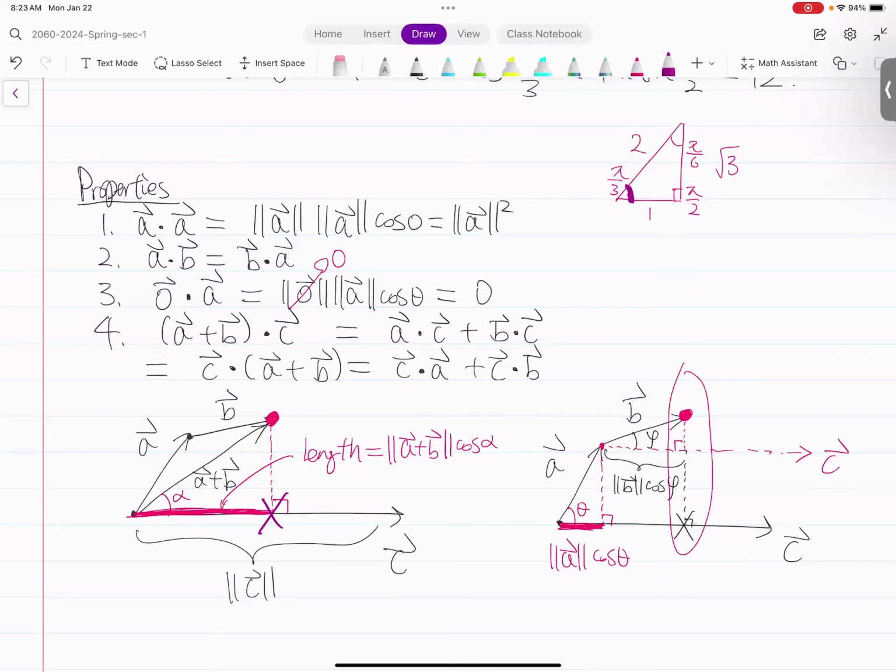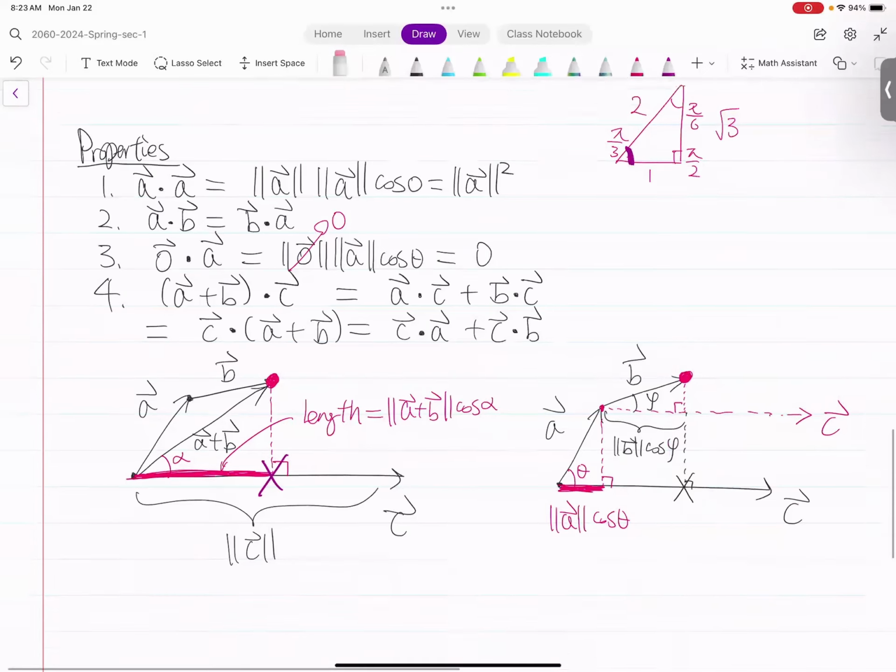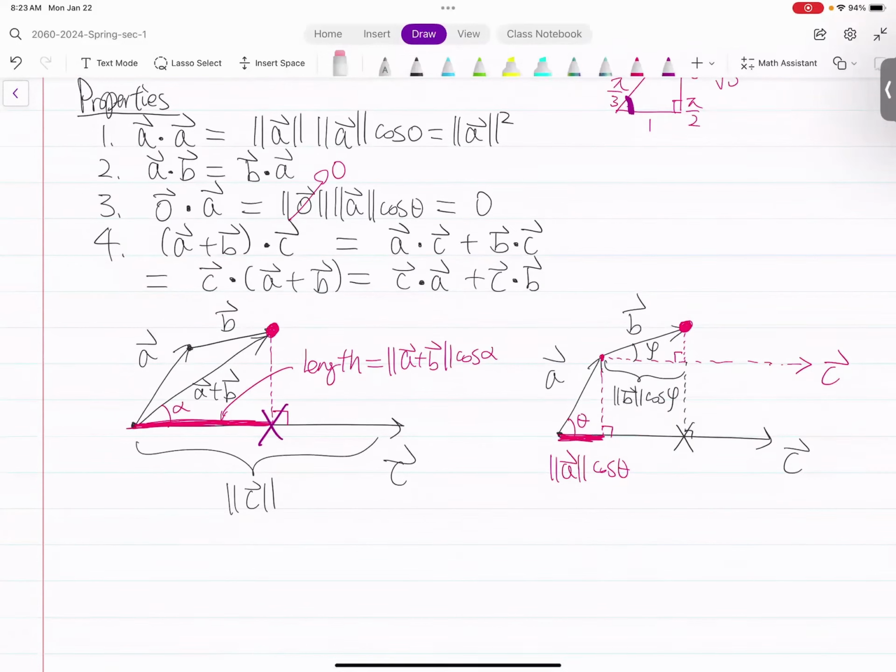Now, if we were in three-dimensional space, it's a bit different, because I'm just going to sketch it right here. That's going to be the same length, right?